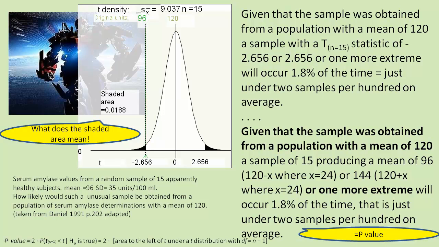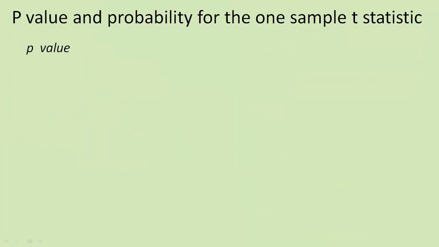At the bottom of the page I have put the mathematical way that we can say what I've just put into rather complex sentences. Let's take a second look at this mathematical expression.